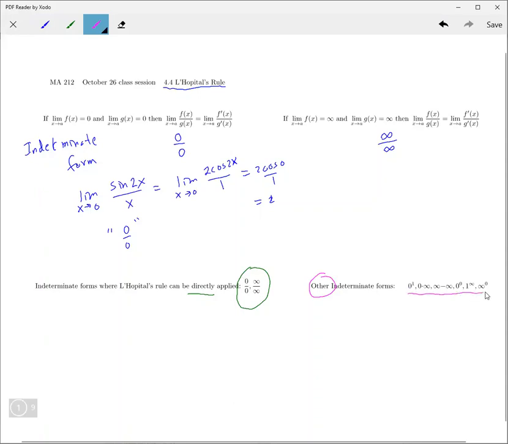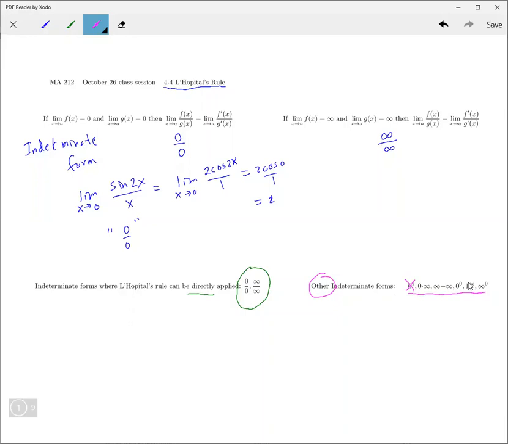Now there are other forms, and these are other forms right here. So for example, this one, 0 to the anything is just going to be 0, and then anything to the 1 is just, wait a minute, 0 to the, no, this is not an indeterminate form. What am I thinking? So 0 times infinity, infinity minus infinity, 0 to the 0, 1 to the infinity, infinity to the 0. Let me look that up really quickly.